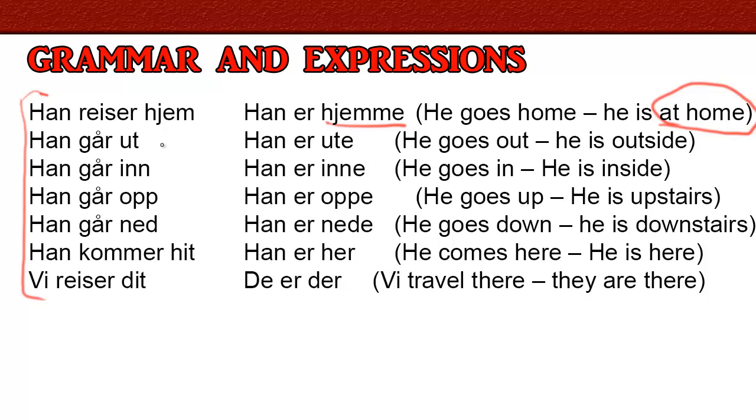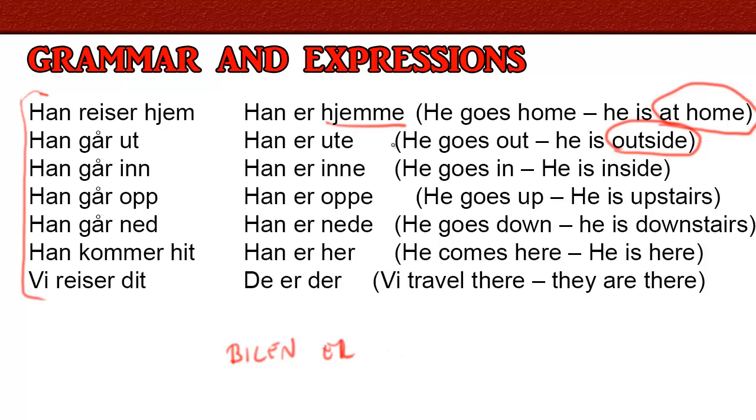Han går ut, he goes out. Han er ute, he is outside. This is just to show how it works in Norwegian as opposed to English. If you were to say the car is outside of the garage, then you would use a different one. So it's not a direct translation here.